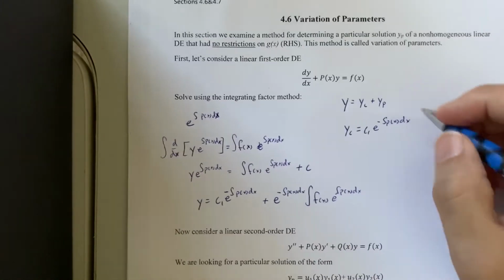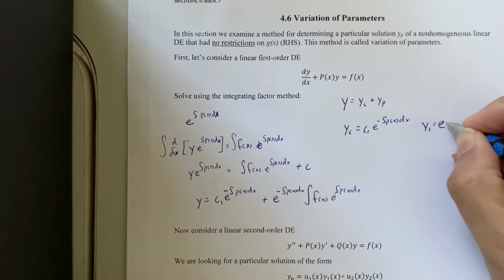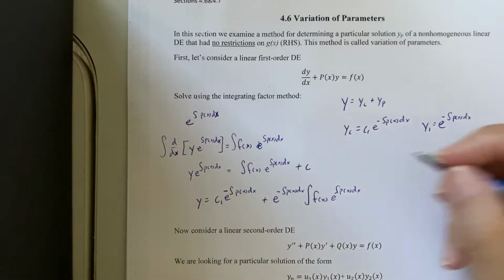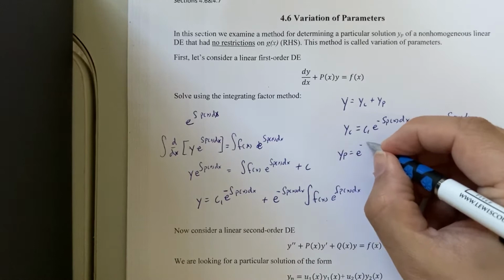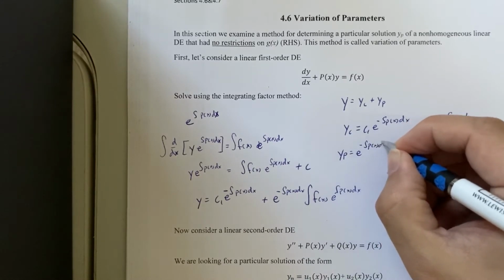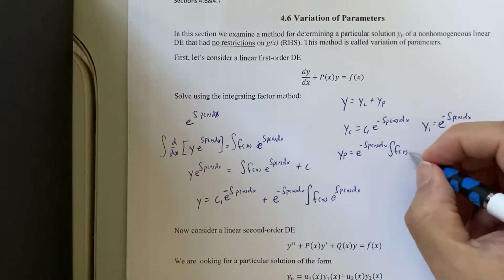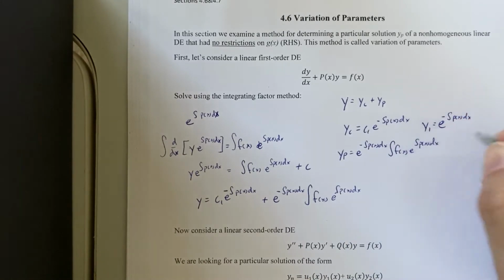So looking at this, our y sub 1 would be the e to the negative integral p of x dx. That means our y sub p would have just been e to the negative integral p of x dx times the integral of f of x e to the integral p of x dx.